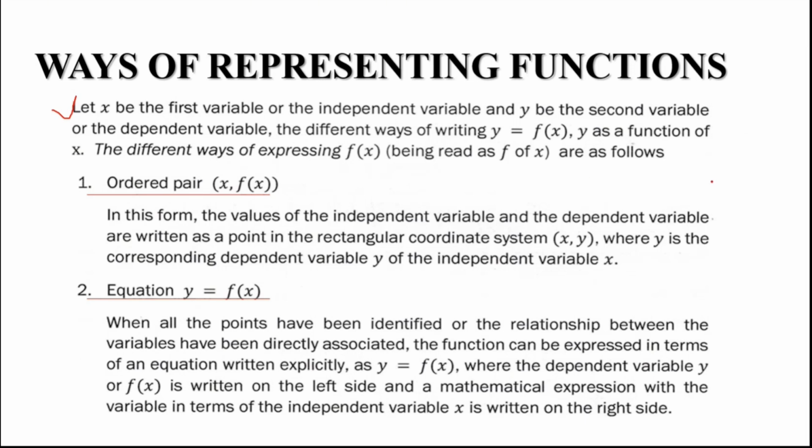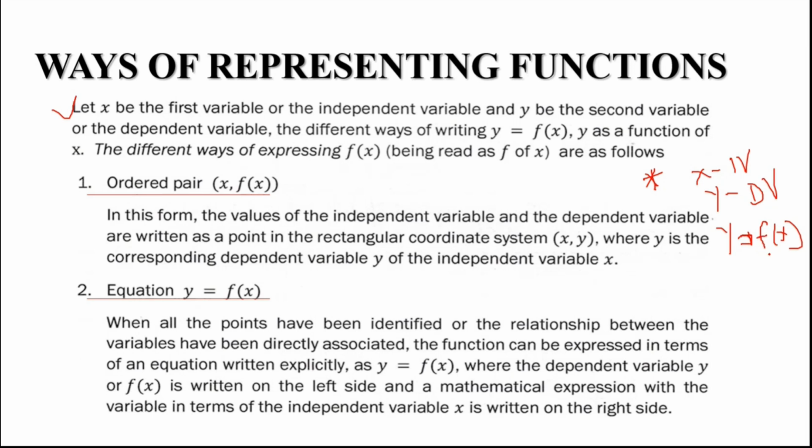So meaning that x is the independent variable and y is the dependent variable. Take note of this. x is the independent variable, y is the dependent variable. And y in a function, we're going to read that, is equal to f of x, right? y is equal to f of x.